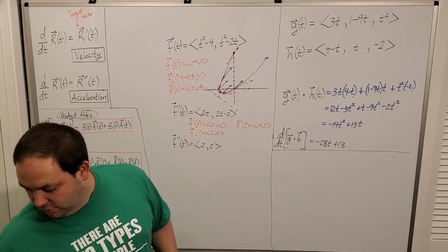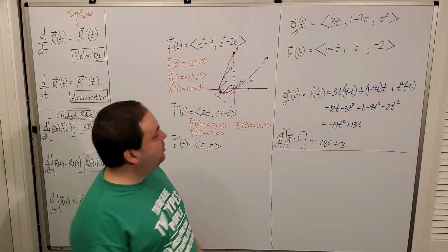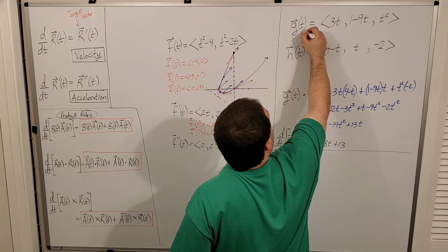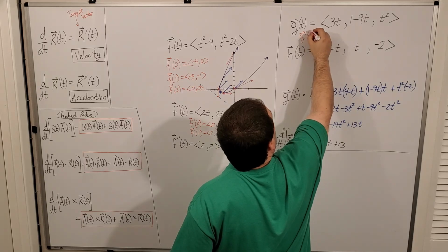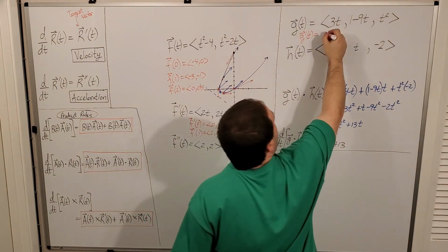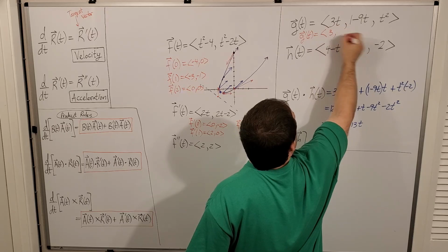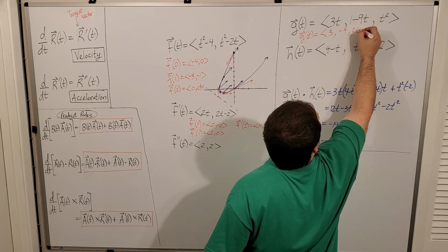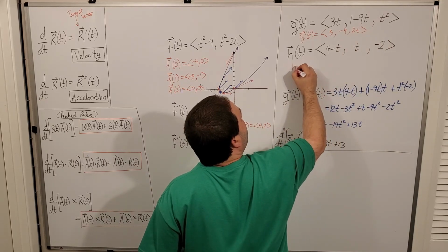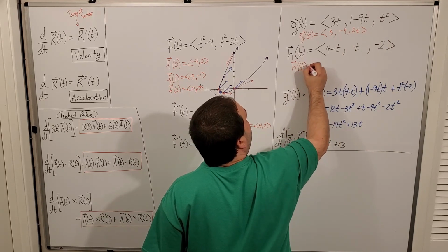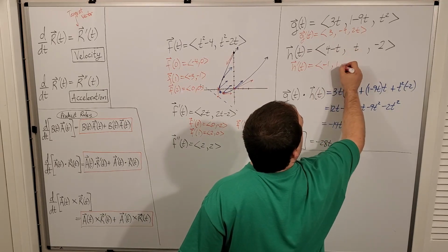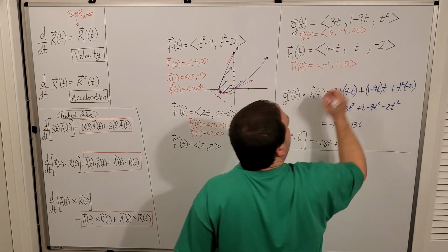Now, if I take the derivative of each individual function and then do the dot product using the product rule, g prime of t is going to be 3, -9, and 2t. And then h prime vector function is going to be -1, 1, 0.